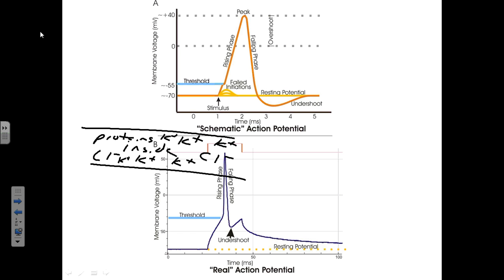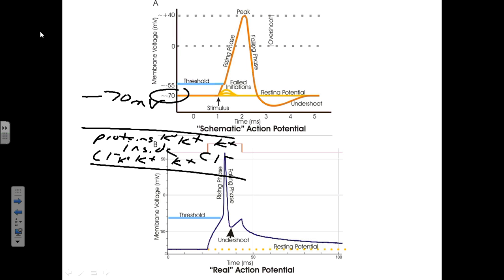Regardless, the number of negatives outweigh the number of positives. So inside a neuron is usually negative. For most neurons, it's usually around negative 70. What's an MV? What do you think MV would stand for? Millivolts. A slightly negative charge. Not very negative. Negative 70 millivolts is not much, but it's a little bit negative.